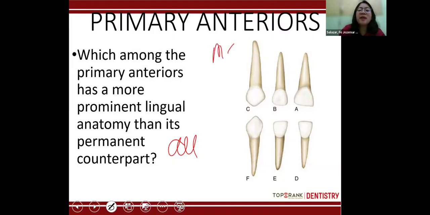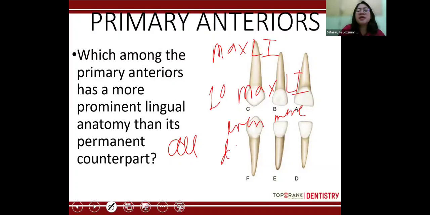Yes, your maxillary lateral incisor. Your primary maxillary lateral has an even more developed lingual anatomy. That's why the lingual anatomy of all our primary teeth is more developed and prominent than the permanent.